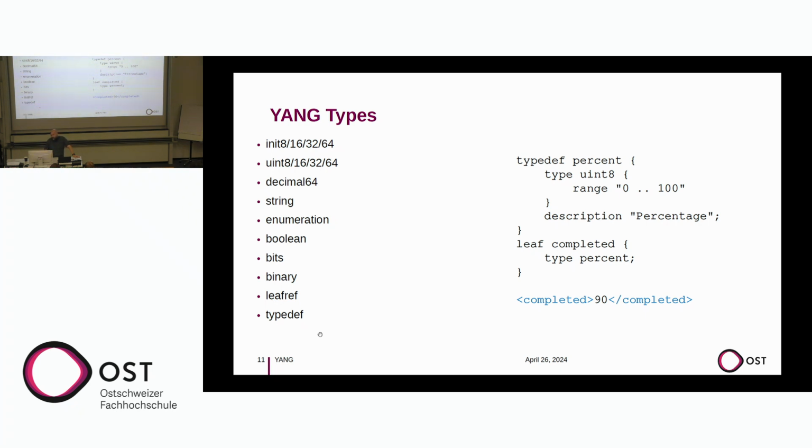If it would be a string and an integer, we would have to have another syntax. But if we have multiple typedefs in a row, or we specify it more and more, all the restrictions we defined will be combined. So especially for strings, if we have regexes, it will combine all the regexes from all the chain of how we built the type.